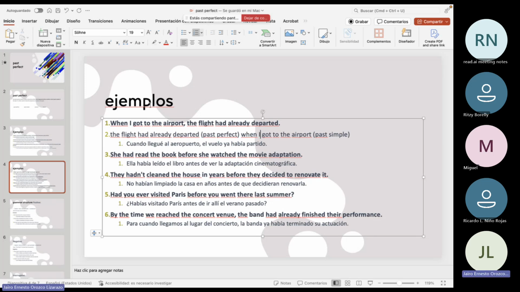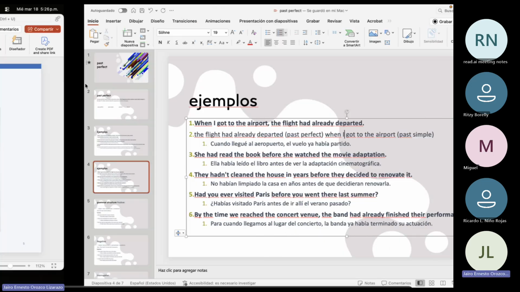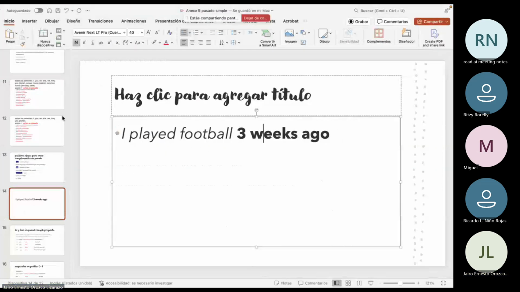So that is the main difference between past perfect and past simple. Again, past simple, we specify with a time term, weeks, months ago, hours ago, centuries ago, in 1994, yesterday, last week, last month. We specify in that way when that action finished.